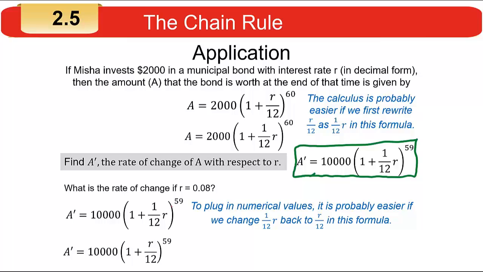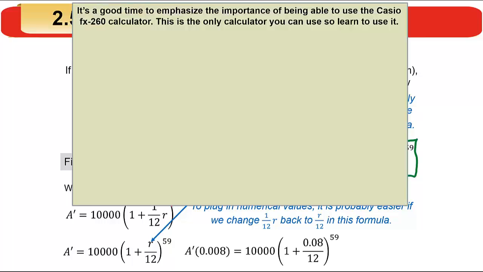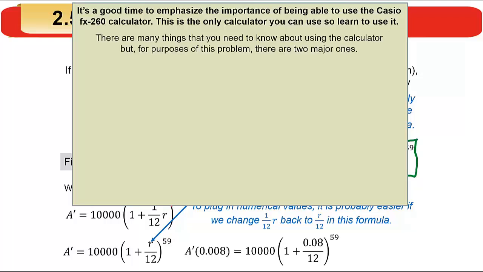If you plug the 0.08 in now, I think you'll find it easier. You have to get used to using your calculator. I'm going to just leave this formula and talk about how to do problems like that. So let's just leave that particular problem right now and talk about the calculator usage.